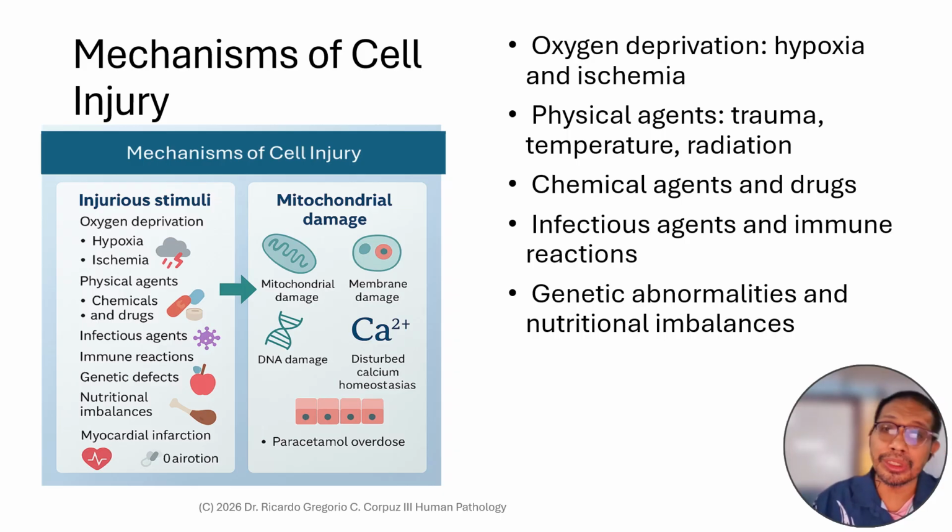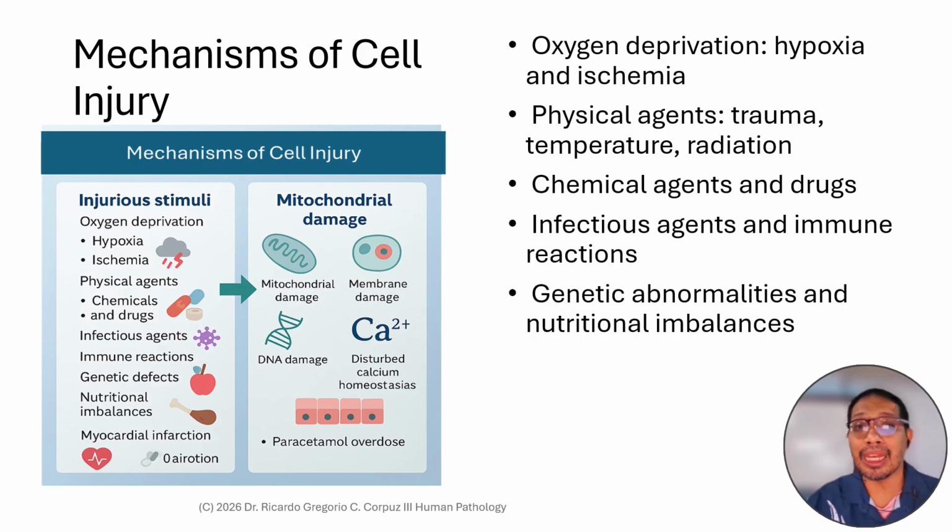Once an injurious stimulus affects the cell, several downstream targets are particularly vulnerable. One of the earliest and most critical is the mitochondria. Damage here impairs ATP production, leading to failure of energy-dependent processes. Another major target is the cell membrane, both the plasma membrane and organelle membranes.